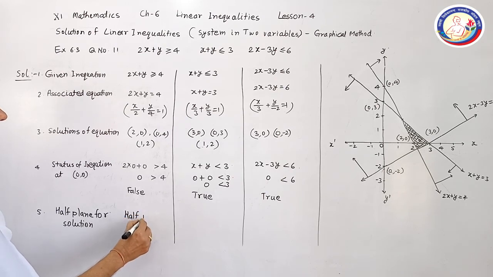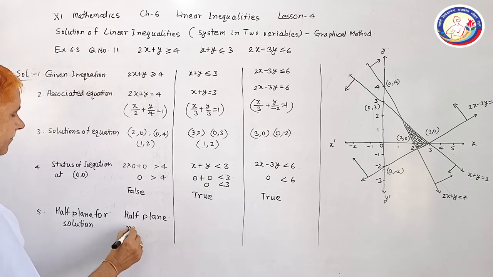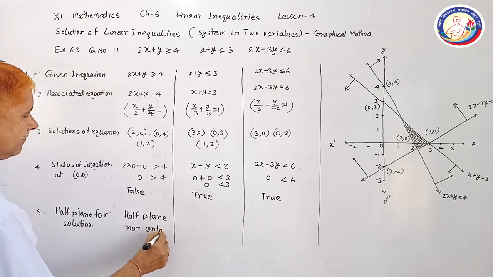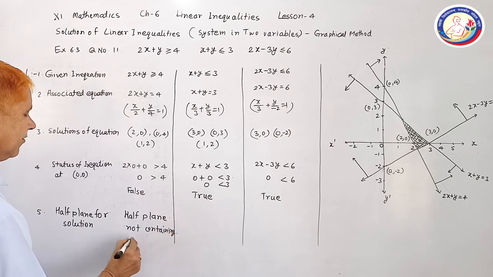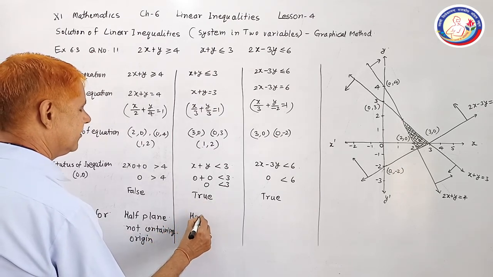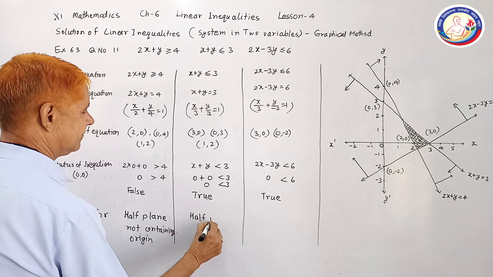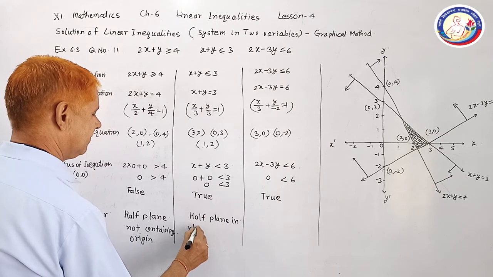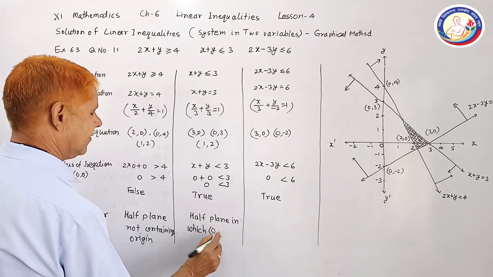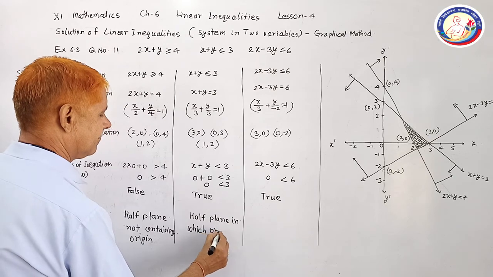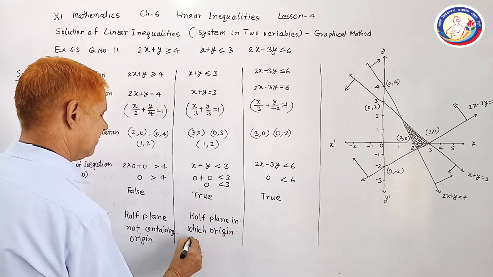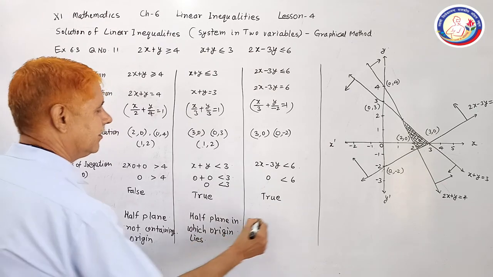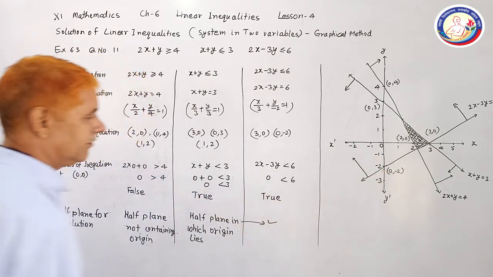I can write it: half plane not containing origin. Here, the half plane containing origin, where the origin is situated. Right, and here also the same. So this is our answer.